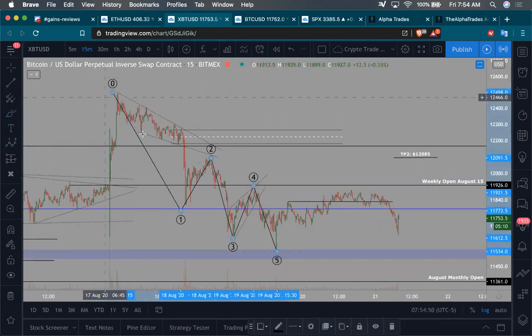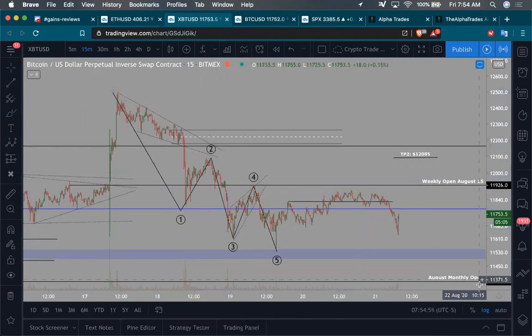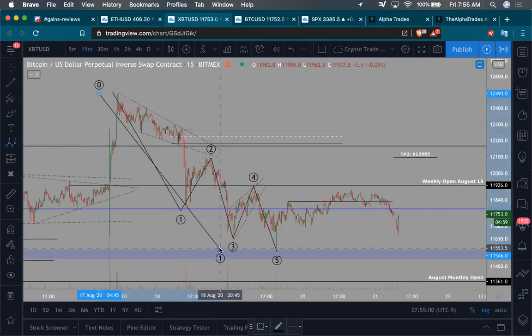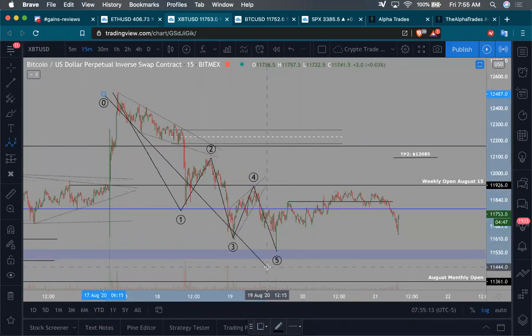So we have one large wave completed. Okay, so this big 1 through 5 is probably your larger 1 wave.